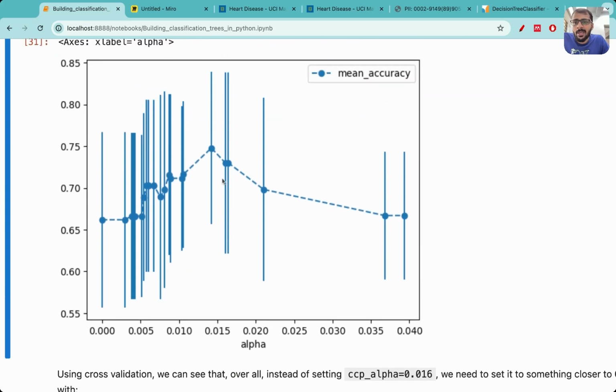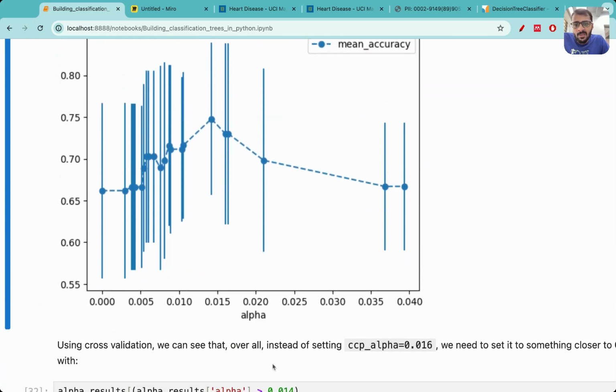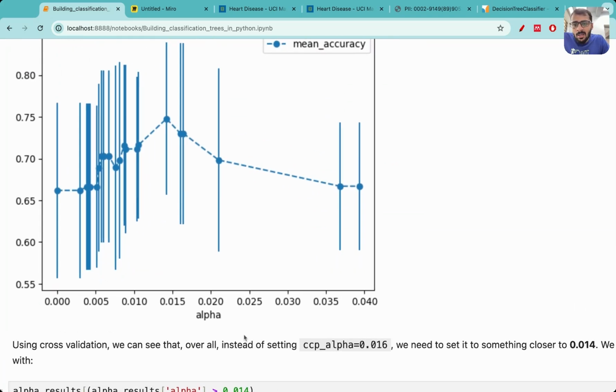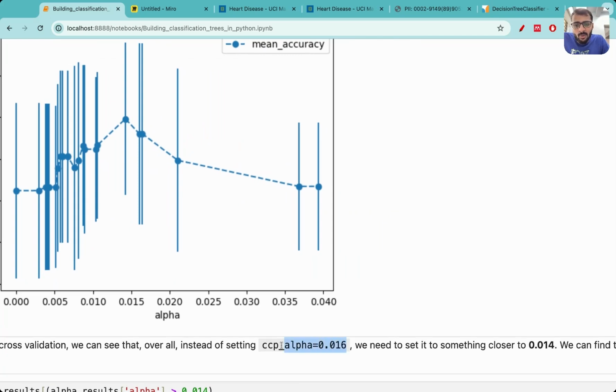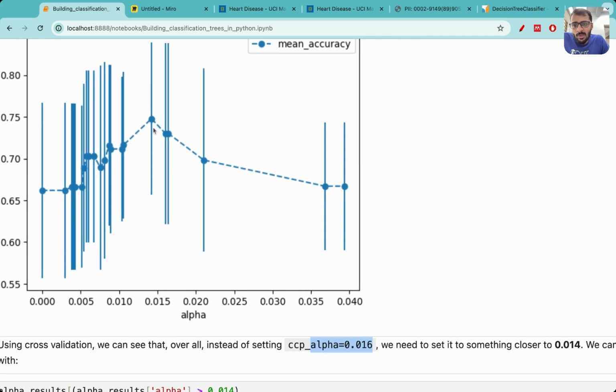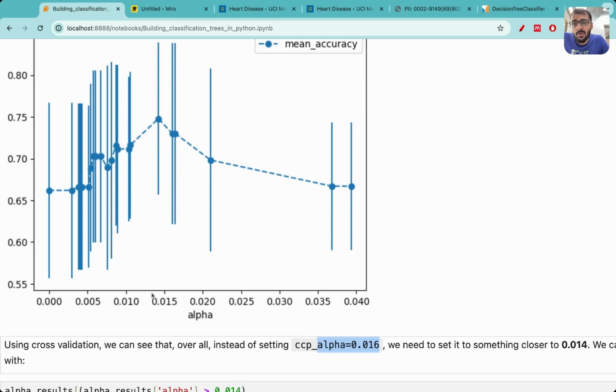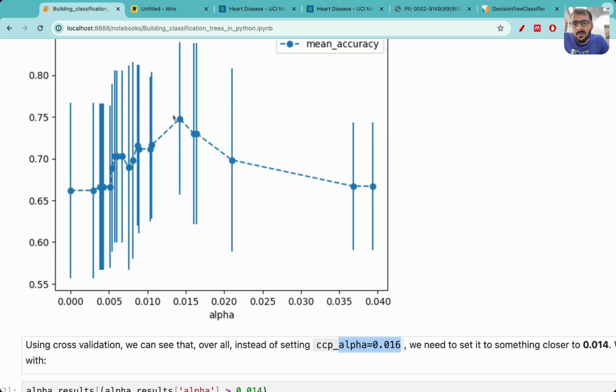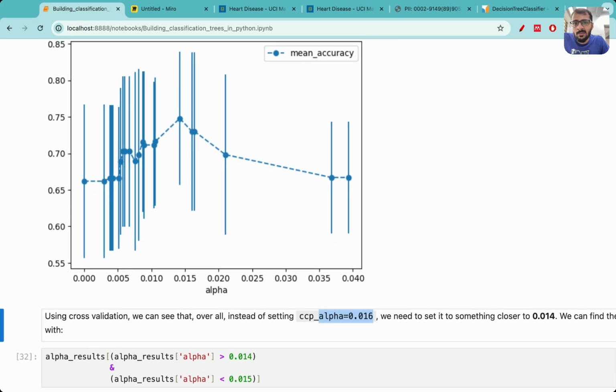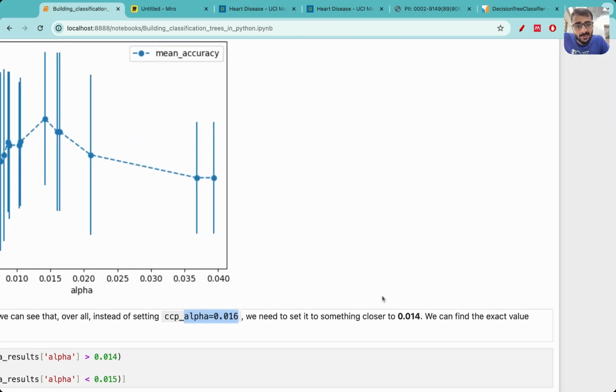So if you plot the mean accuracy for different values of alpha, we'll see that overall, instead of setting alpha equal to 0.016, the best value of alpha is actually 0.014. Here, the cursor which I am at right now, that's the best value of alpha because it leads to the highest mean accuracy.